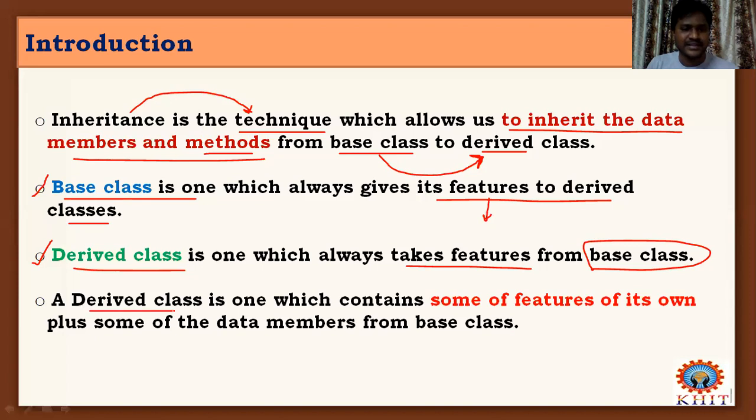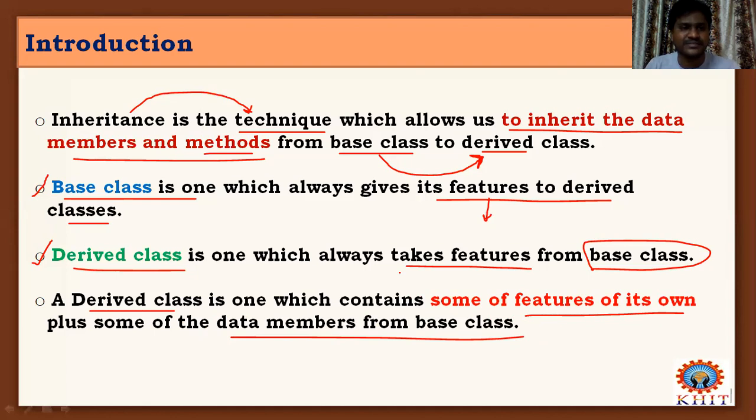A derived class is one which contains some features of its own plus some of the data members from the base class. As I told you, the derived class has rights to access the code or methods defined in the base class and can reuse those methods, and it can have some unique features of its own.